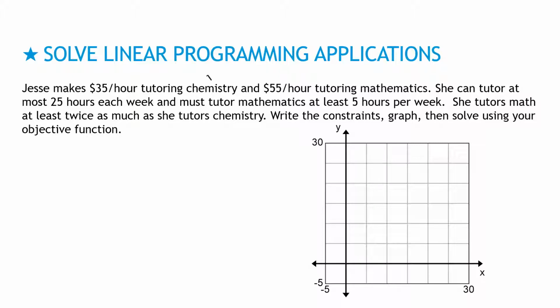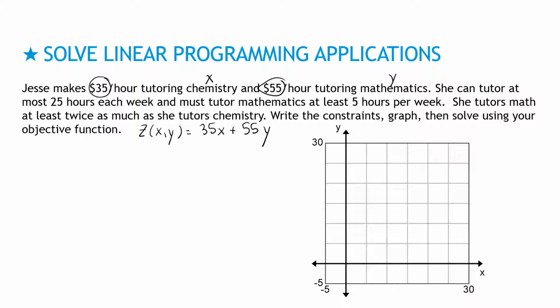So I'm going to say hours of chemistry is X, hours of mathematics is Y. Typically, when we're dealing with money like this, that's my objective function. So my objective function, Z(X, Y), is going to be 35X plus 55Y.